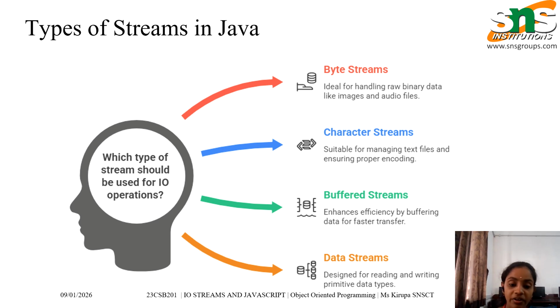Buffered streams handle large amounts of data efficiently. And data streams store data in a machine independent format, reading and writing primitive data types. So let me recall what we have discussed so far.